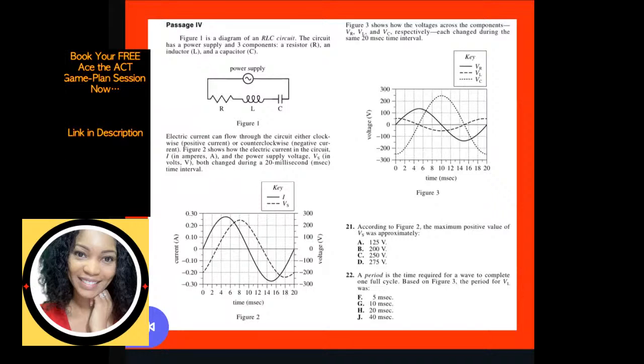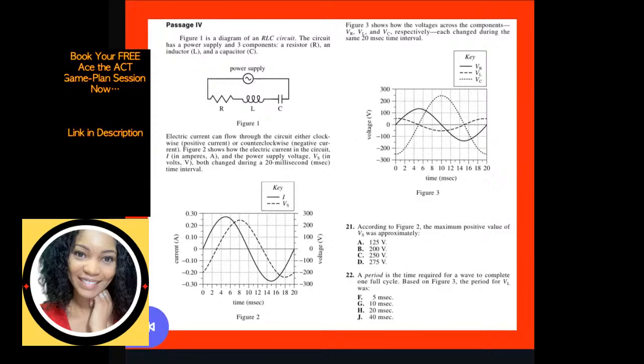from this past week. This week has been completely focused on science, and we have here a passage with two charts, two graphs, if you will, that we are using to answer these two questions. So if you have been preparing for the ACT, particularly the science section, then you know that the majority of the questions are based on analyzing data, okay?